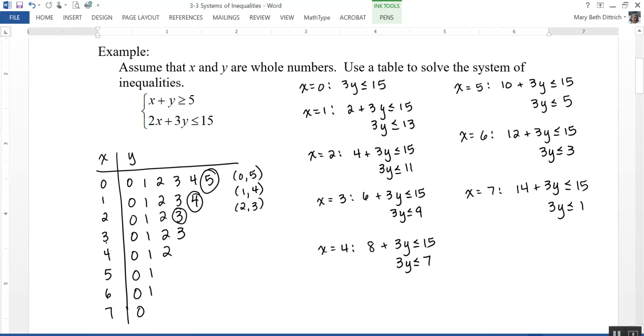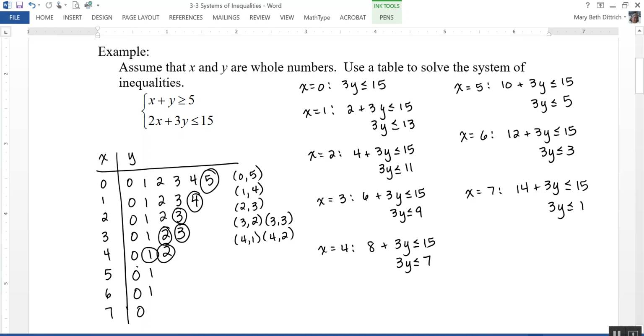Now when x is 3, 3 plus 3 gives me 6, so that'll work. 3 plus 2 gives me 5, that'll work. So that gives me the ordered pairs 3, 2 and 3, 3. For 4, 1 will work because that gives me a 5, and 2 will work. So 4, 1 and 4, 2.